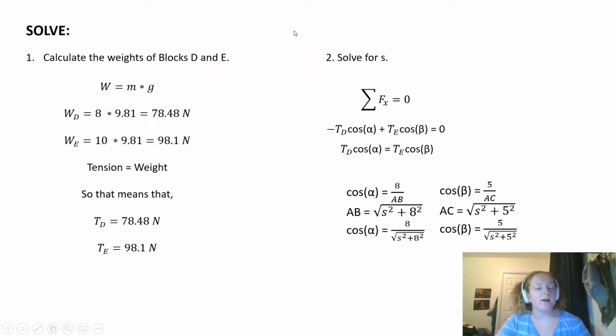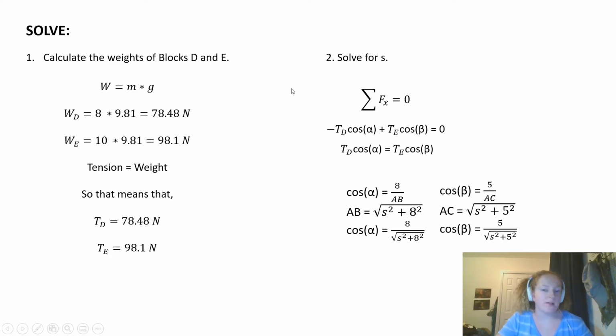Our first step is to calculate the weight of blocks D and E, which is just mass times gravity. For the weight of D, we got 78.48 newtons, and the weight of E, we got 10 times 9.81, which is 98.1 newtons. And we know that because there are no outside forces, tension is equal to the weight. So the tension of D and E is the same as the weight.